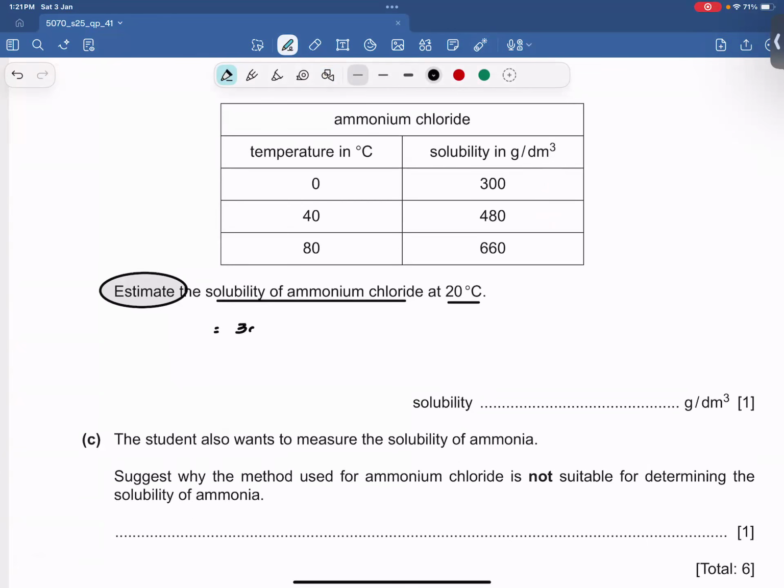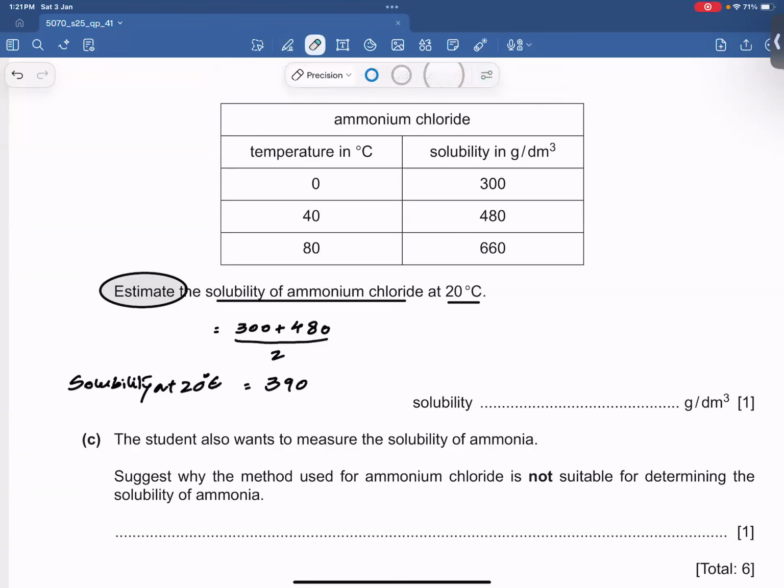So it's basically 300 plus 480 divided by 2, which is going to be 390. So that's the estimated value in gram per dm cube.